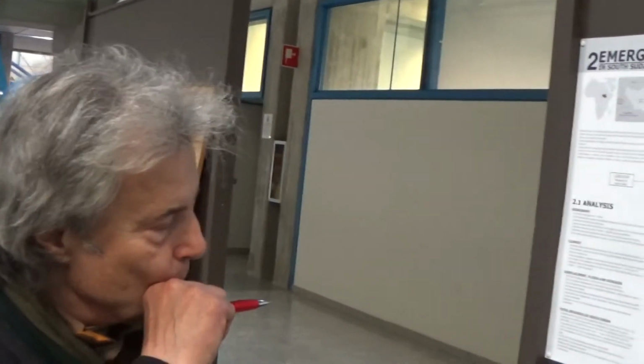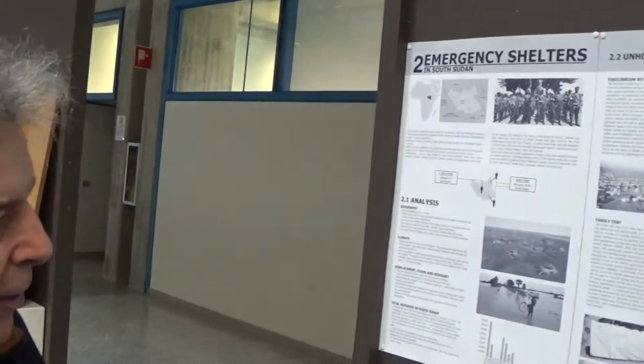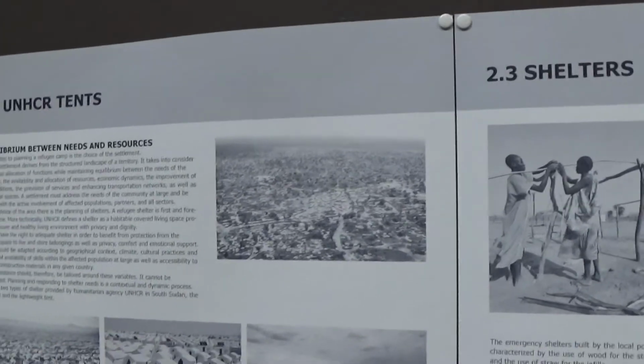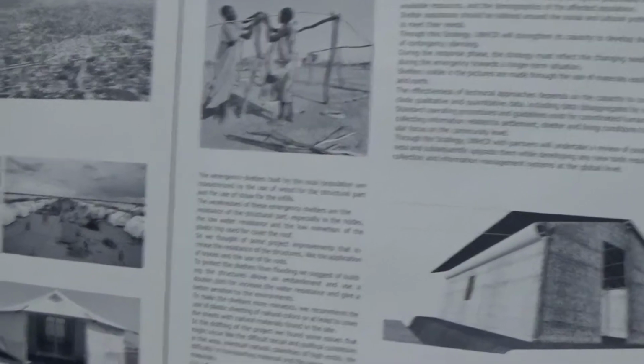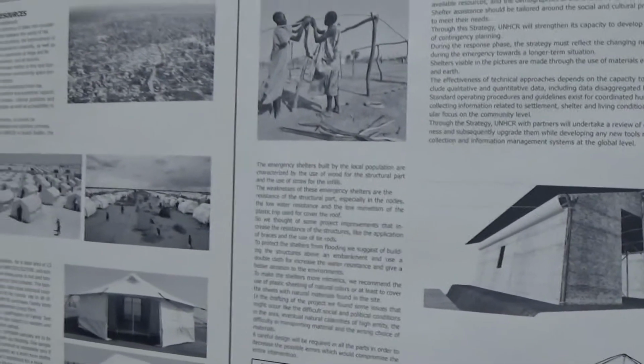Again, the patterns are very important. The current pattern of refugee settlements as well as refugee housing. So you see here different patterns related to the gifts made by different donors.